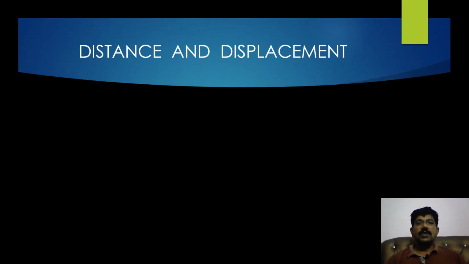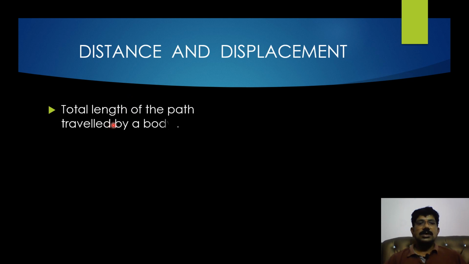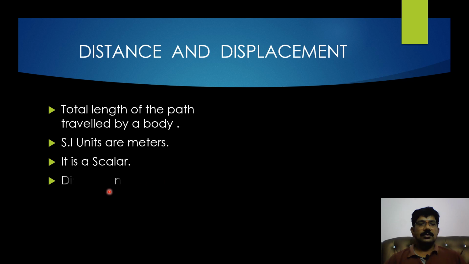Let us summarize what we learnt. Distance is the total length of the path traveled by a body. The SI unit is meters. It is a scalar quantity. Distance can never be zero.